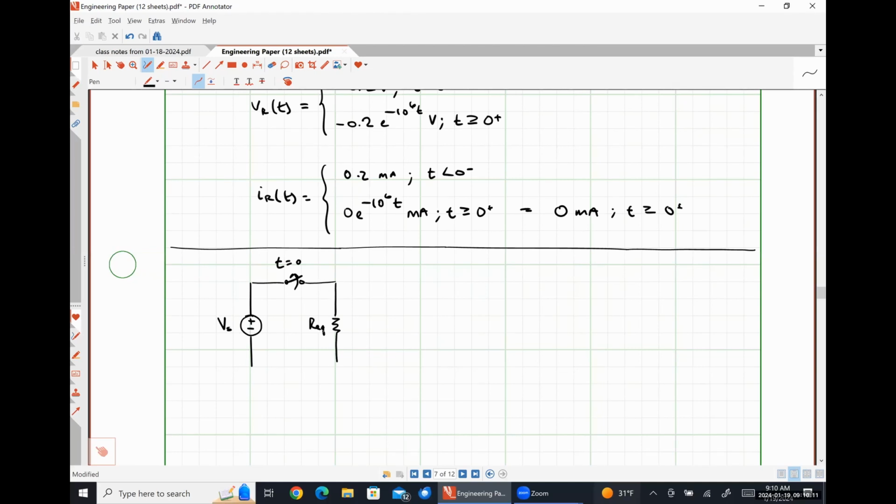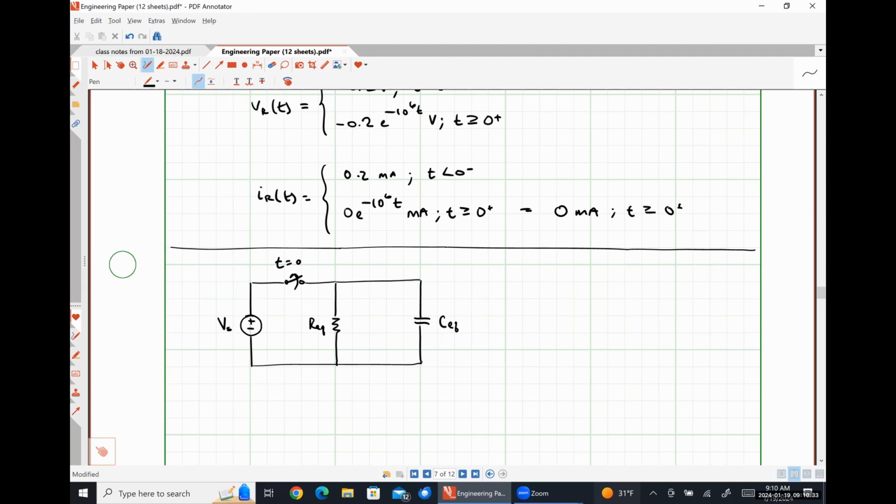Here we have some resistance that is representative of the equivalent resistance of a network connected to some capacitance, CEQ, that is representative of the equivalent capacitance of some electrical network.